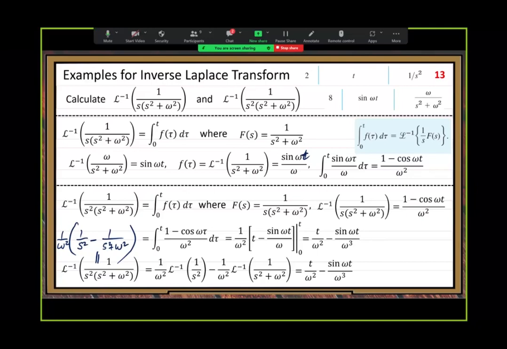Here, we use this way, which is a little simpler than the previous way. Try to understand these simple algebra techniques.